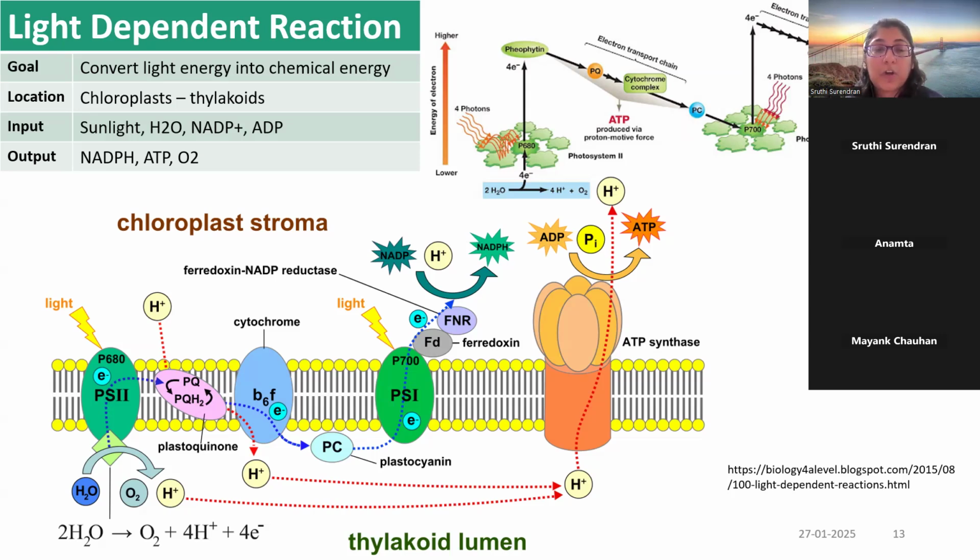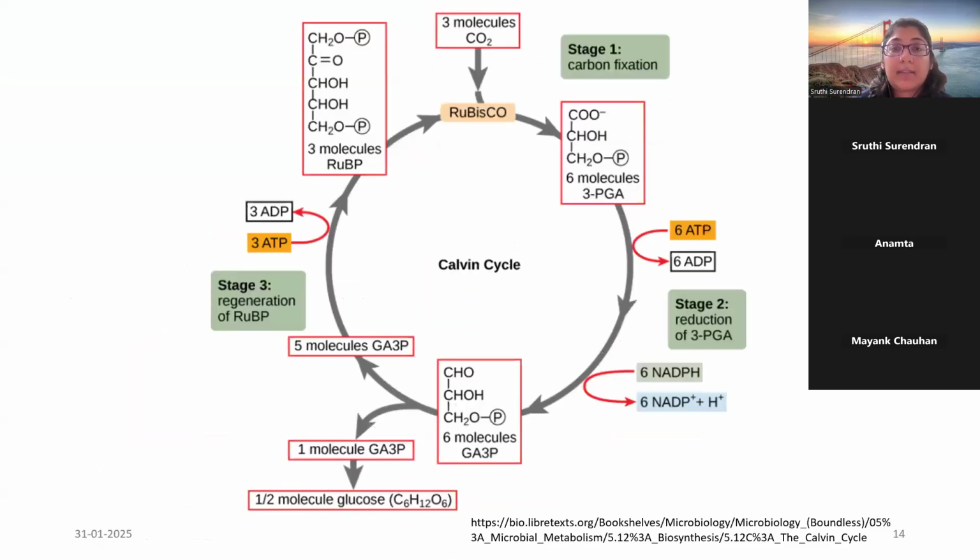Another phenomenon happening is the concentration gradient set up as a result of hydrogen ions concentrating in the lumen, which drives the ATP synthase out into the stroma, during which ADP is converted to form ATP molecules. These are the energy molecules that are utilized in the Calvin-Benson cycle.